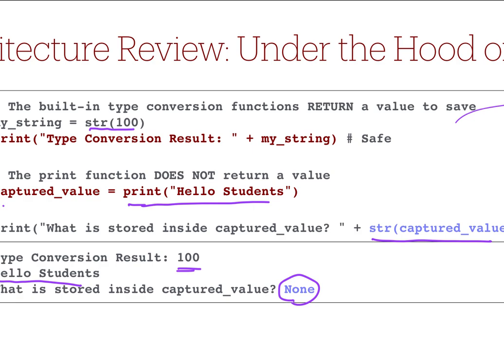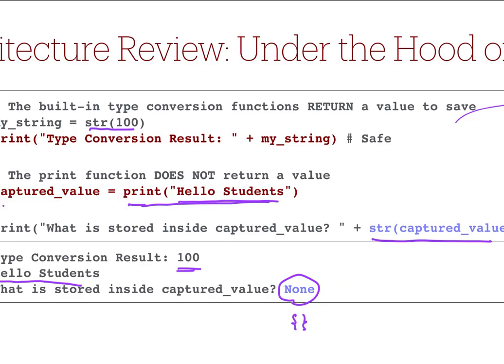So None means, mathematically, an empty set. That is what is returned by the print function. So this is the behavior of the print function. It may receive some argument like a text string, then that text string will be displayed on the screen, and that's the role of the print function.